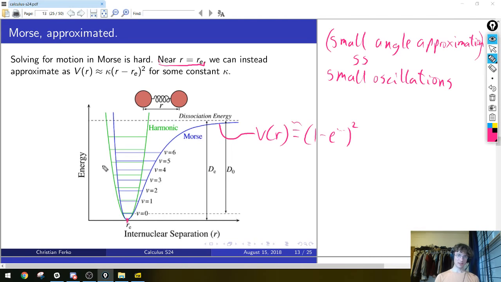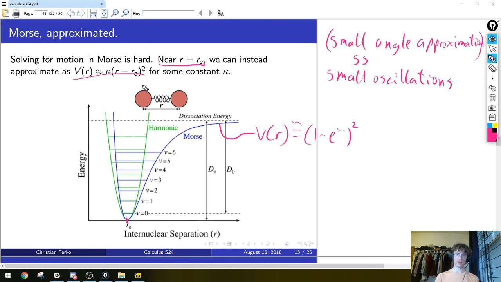The green curve, labeled harmonic, is a harmonic oscillator for small oscillations. This green curve is a parabola chosen to approximate the complicated blue curve near r sub e. This is the approximation.